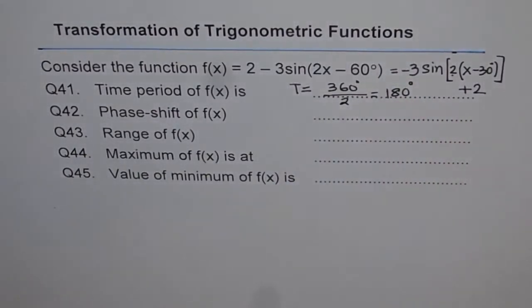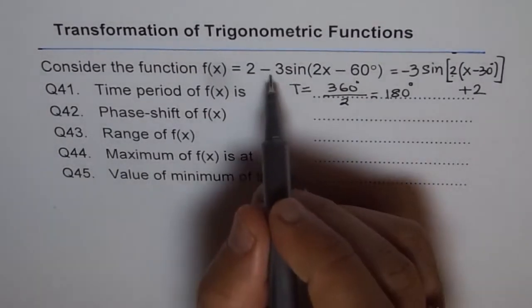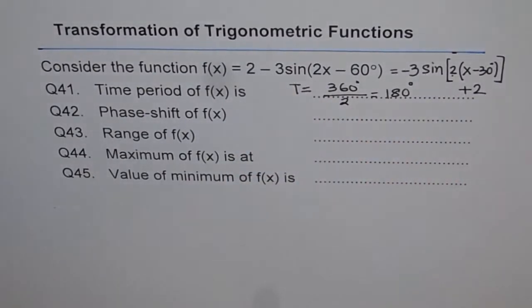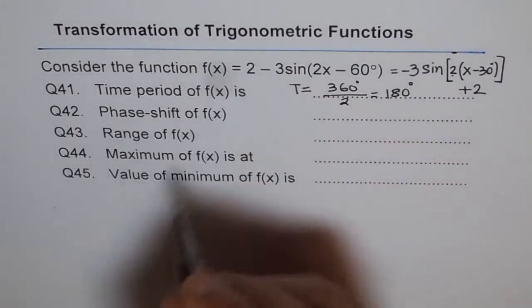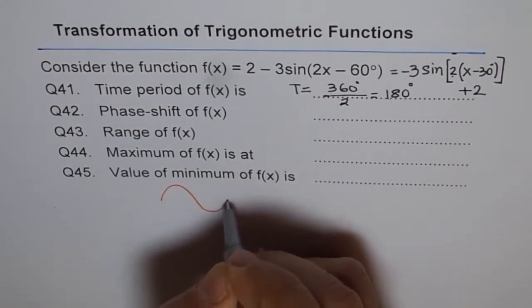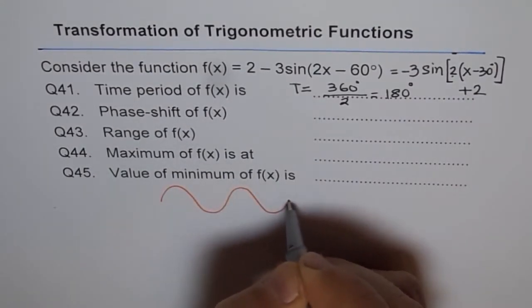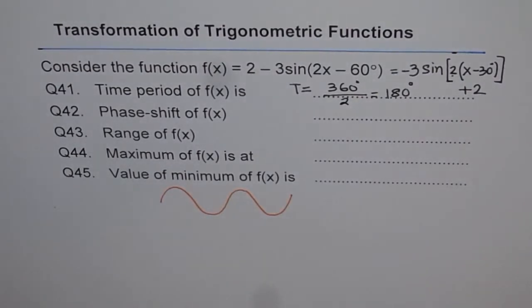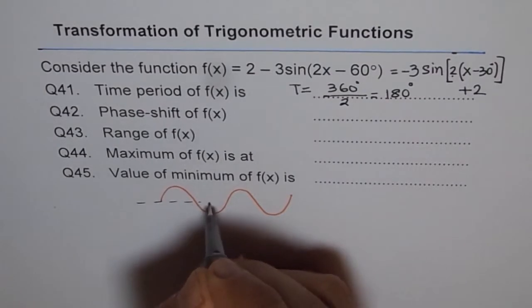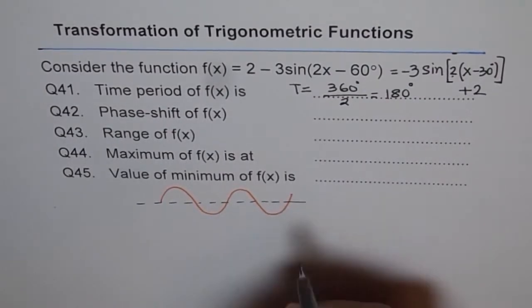So basically what you will see in this case is that you have 2 waves within 0 to 2 pi, like this. Let me just sketch them for you. If that is your axis of symmetry, we'll sketch the whole thing as we go along.